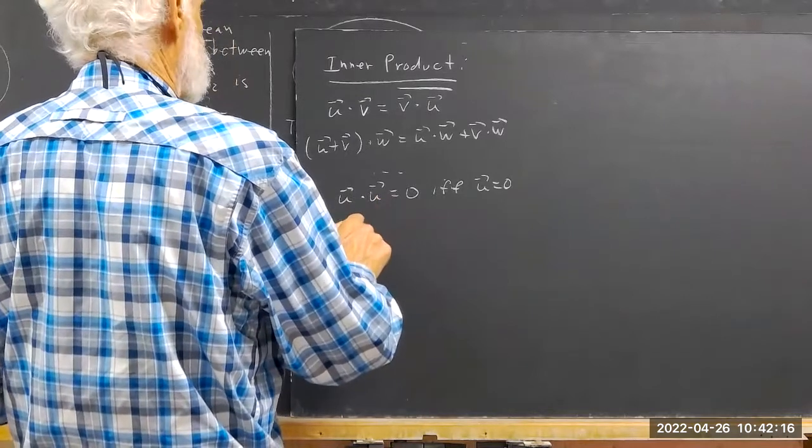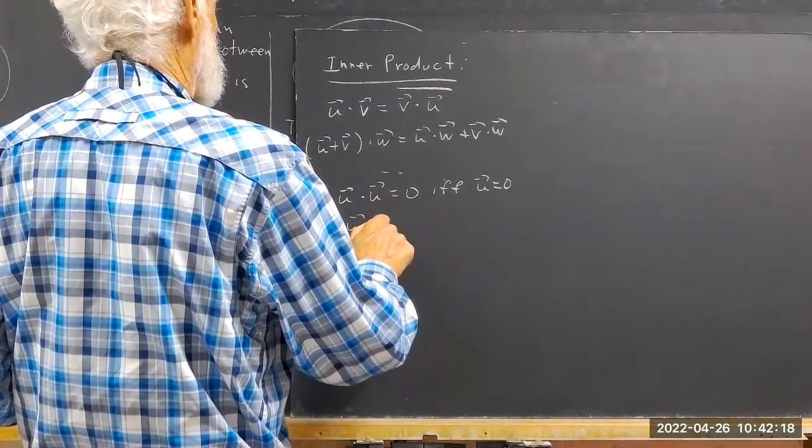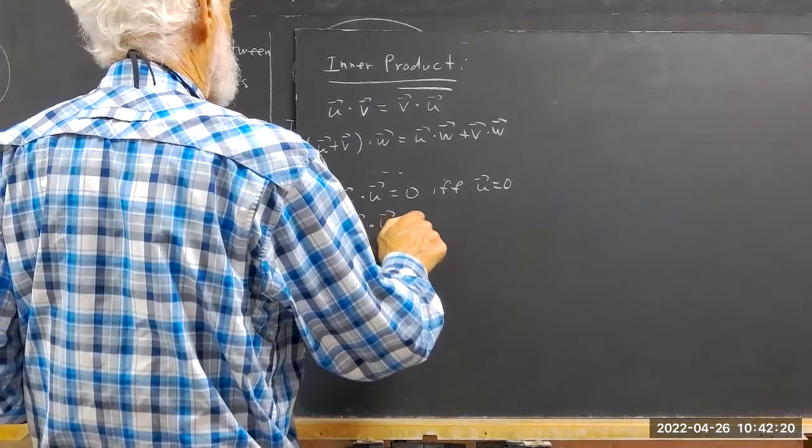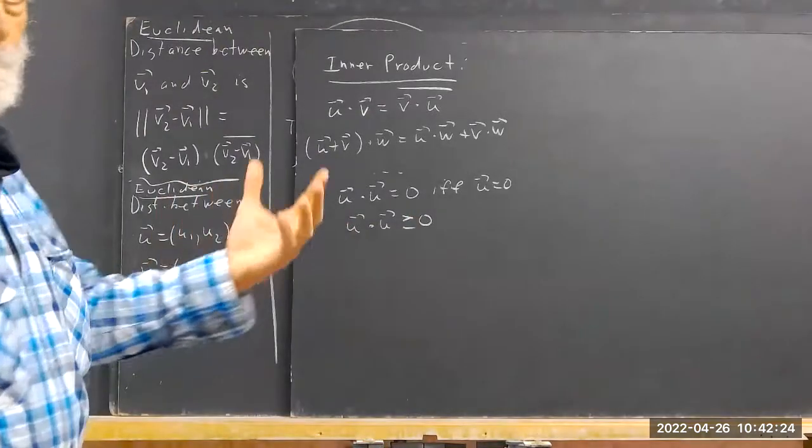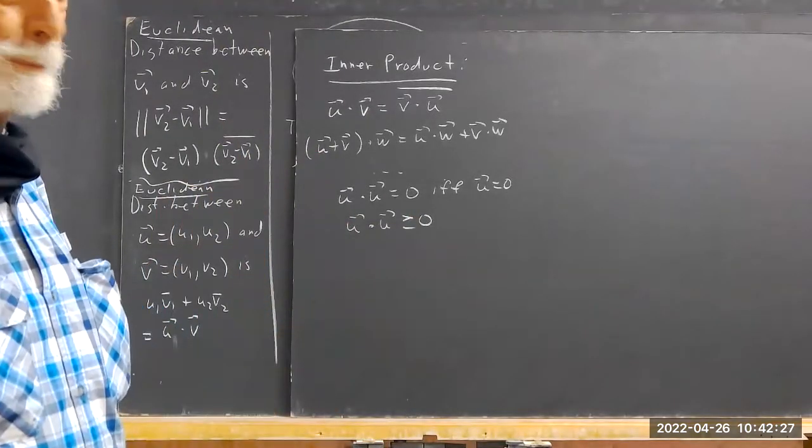And also, U dot U is always greater than or equal to zero.